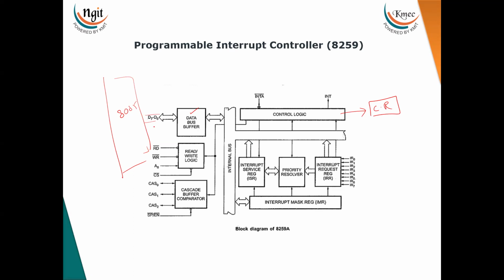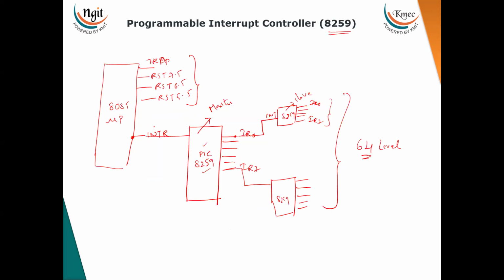Also, we have seen that these are the vectored interrupts, and the microprocessor knows the vector address after receiving the interrupts. Now coming to INTR, the microprocessor doesn't know the vector address. So after receiving an interrupt request, the INT pin of the 8259 is connected to the INTR, and it will send the interrupt request to the 8085 on the INTR pin.